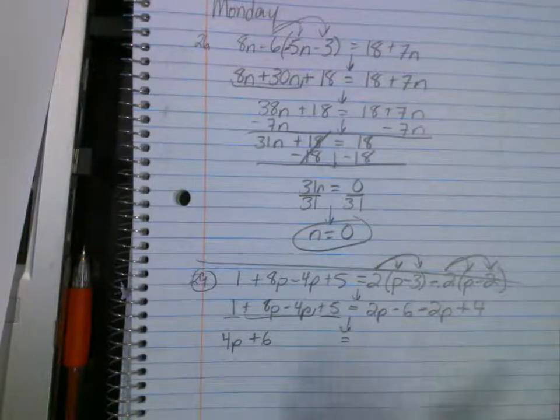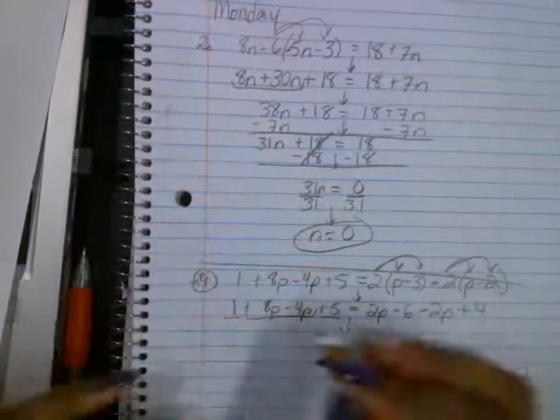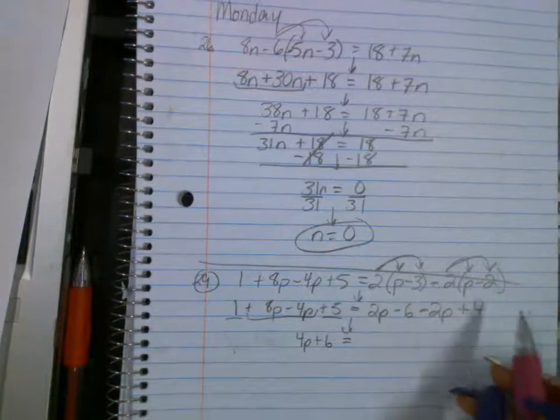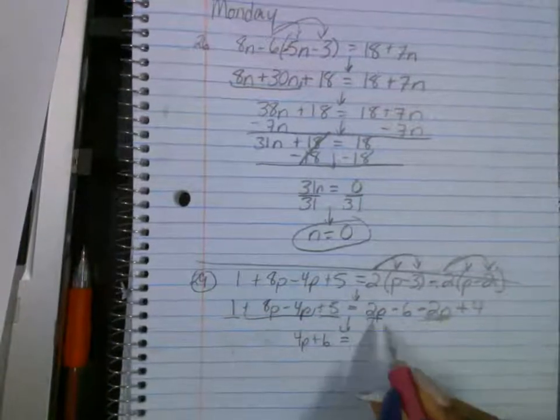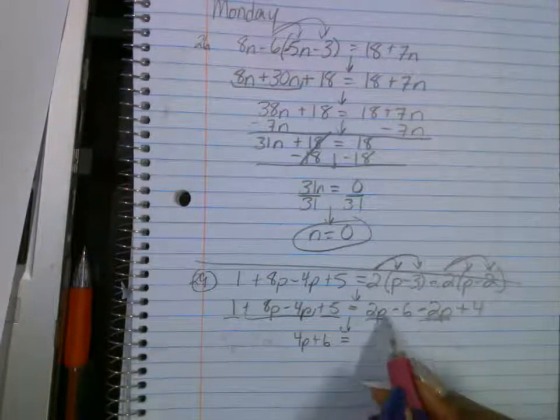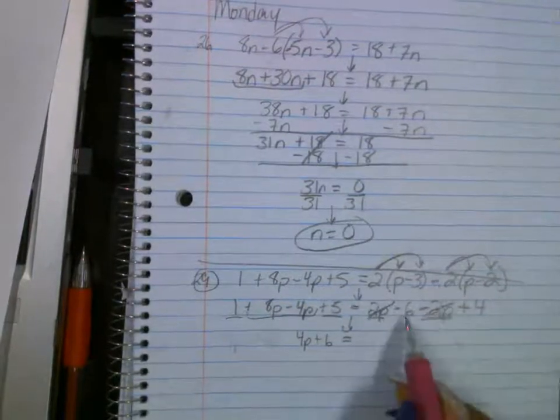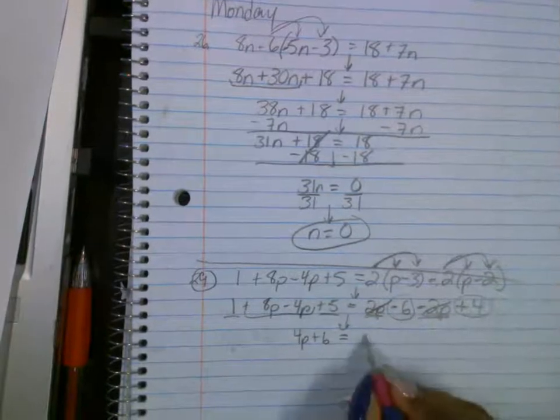Okay? 4p plus 6. Here, we're going to combine 2p and negative 2p together. 2p minus 2p is 0. So we just have negative 6 plus a positive 4, which is negative 2.